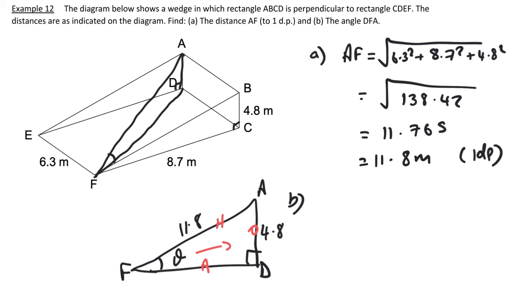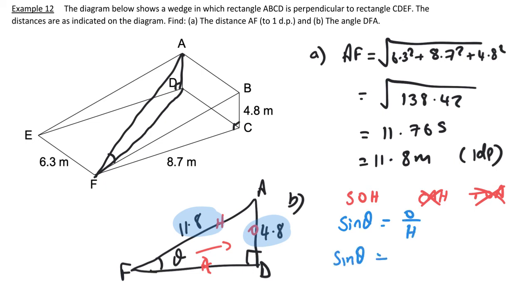We know the hypotenuse, and we know the opposite, so that means we don't care about the adjacent. So whenever we do our SOHCAHTOA, we're going to get rid of the options with an A, so that's TOA and CAH, and we're left with SOH, and SOH is the sine of theta is the opposite over the hypotenuse.